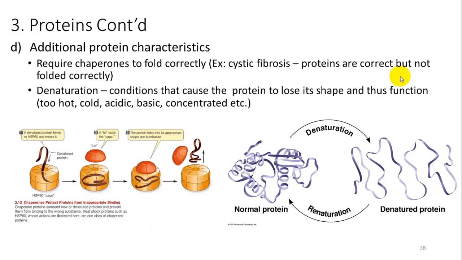Now there are many conditions which will cause proteins to denature or unfold. Okay, so those secondary and tertiary structures basically fall apart. This may be because it's too hot or cold or acidic or basic or whatever. If it's not in conditions in which it can function, it will fall apart.